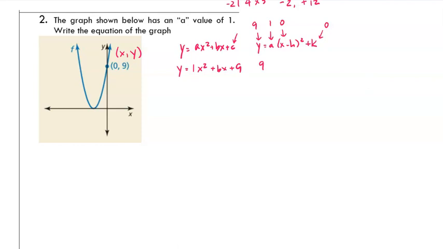So let's go ahead and 0 minus h squared plus 0. And then 9 equals, this implies, okay, that is negative h squared. I don't need to put the 0.